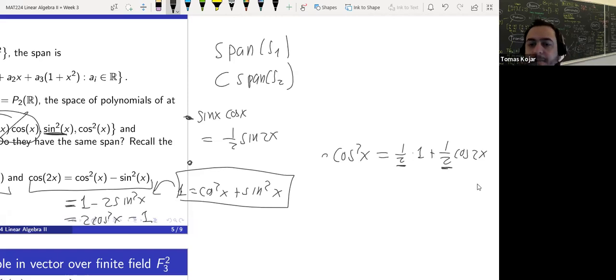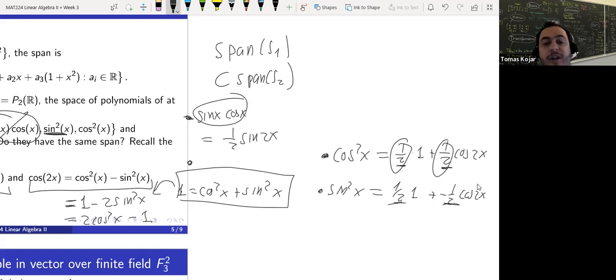So here again, we generated cosine squared x using these two coefficients. And you can do the same for sine squared x. There will be some minuses. So 1/2 times 1, and then minus a half cosine 2x.